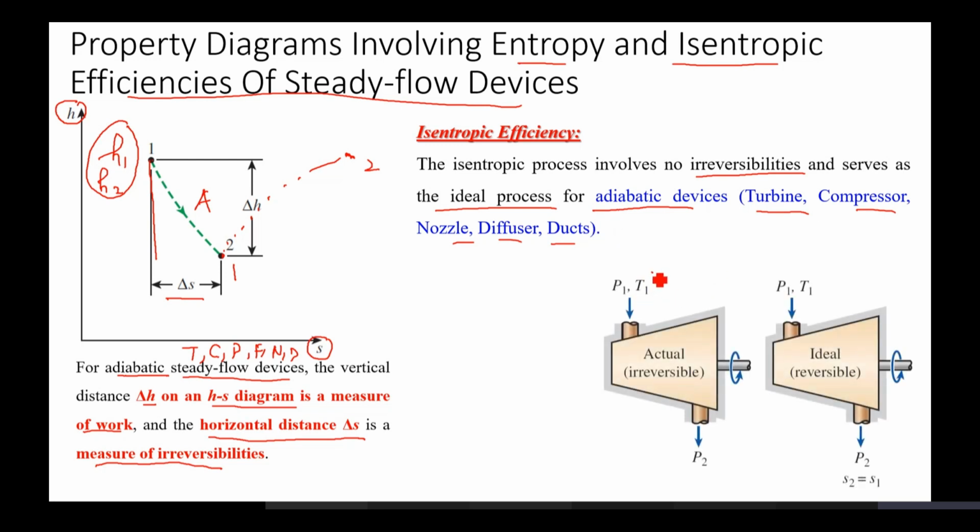So for an actual process, pressure and temperature are different at state 1 and at state 2. For the ideal reversible process, pressure and temperature at the initial state and the pressure at the final state are the same, but entropy would remain constant at the two states. So you should remember, whenever you're talking about an ideal process or an isentropic process, your entropy would remain the same.